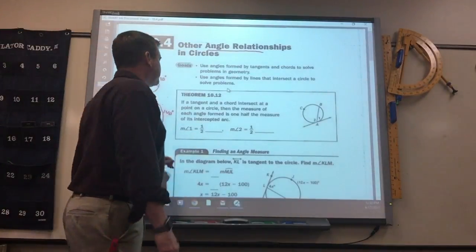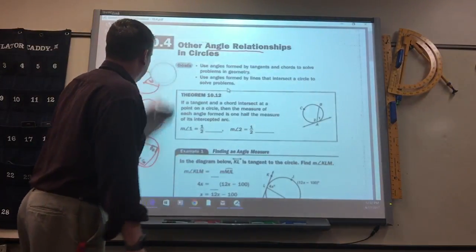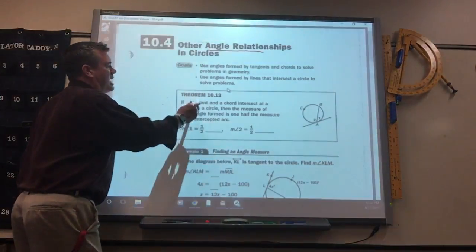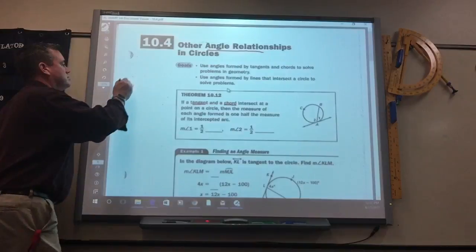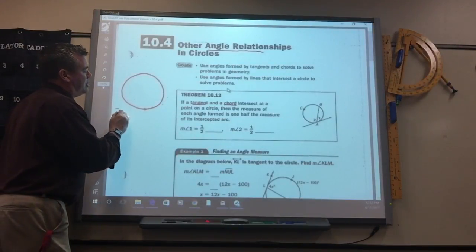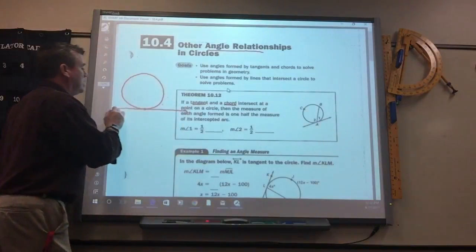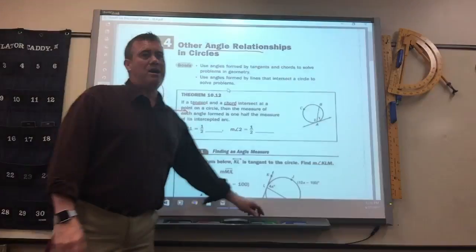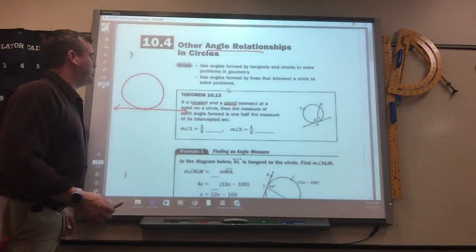So for these, if you've got a tangent and a chord, so remember a tangent is if it intersects at one single point. Now, this is one you can figure out. If you forget this rule, it's easy to figure out.